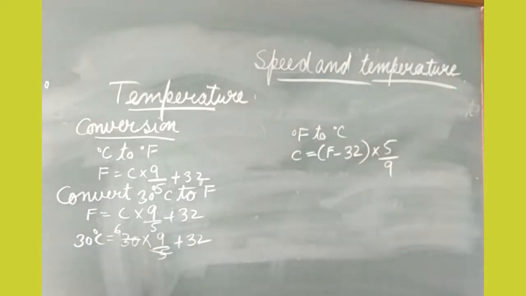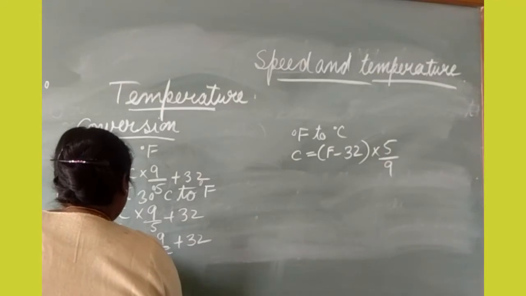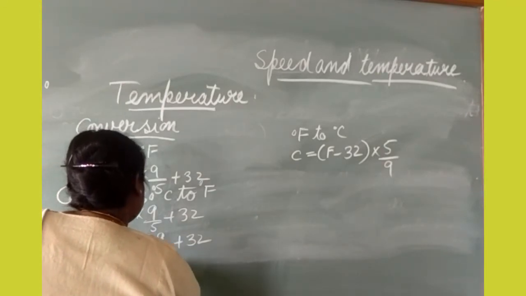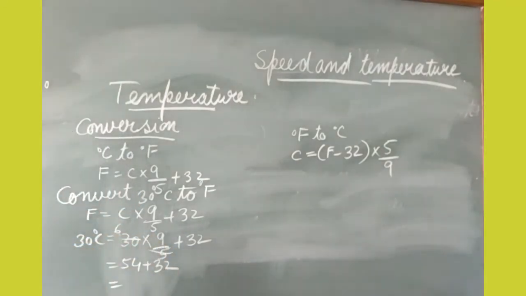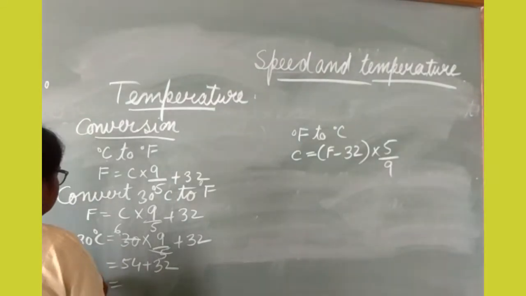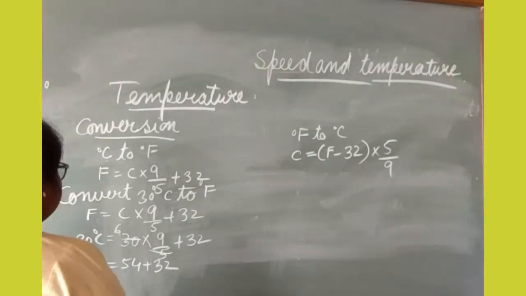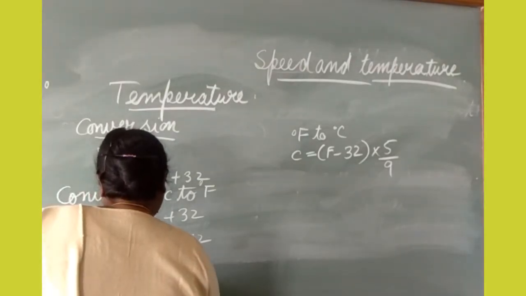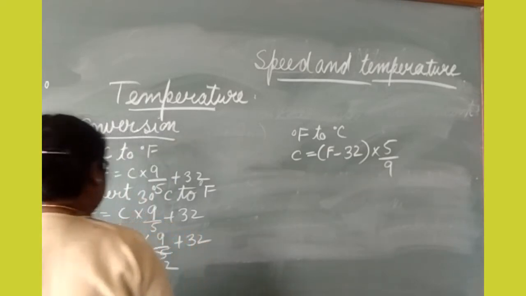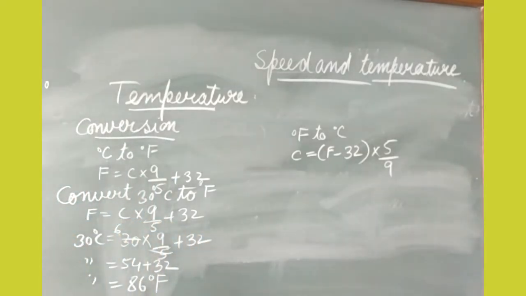Now 6 into 9, what will be the answer? 54 plus 32. Now you will add 54 plus 32. What answer do you get? The answer is 86 degrees Fahrenheit.